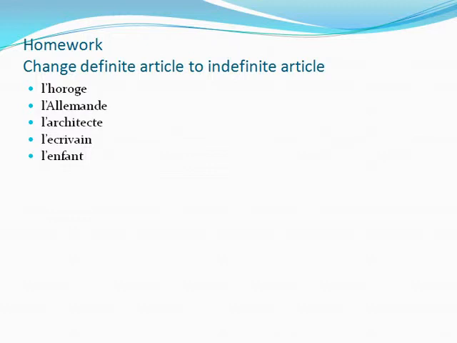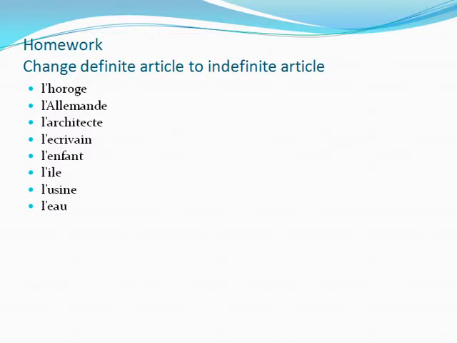L'enfant. You're going to change the child to a child. Oh, the former word, l'écrivain, that's the writer. L'île. That's the island. I'm going to change it to an island. L'usine. You're going to change the factory to a factory.